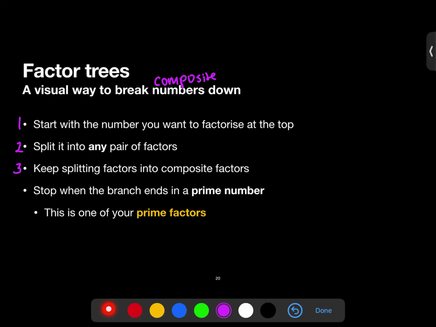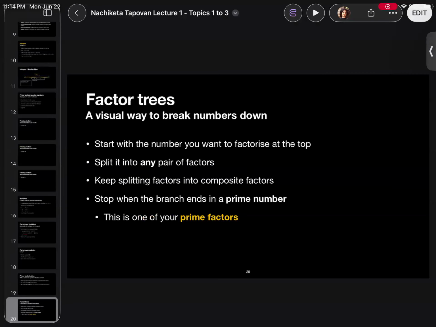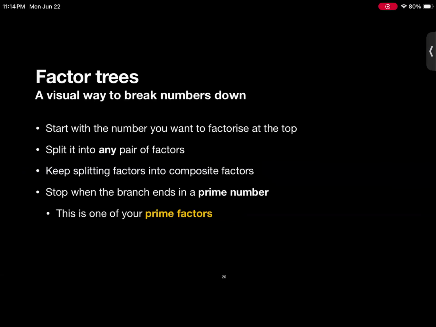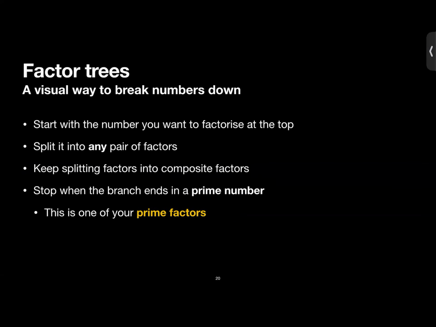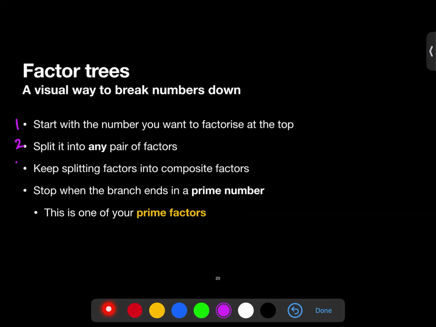And once we reach a prime number, remember prime numbers are, for example, 2, 3, 5, 7, and so forth, that's when we will stop. And this number that we get when we stop is one of the prime factors.